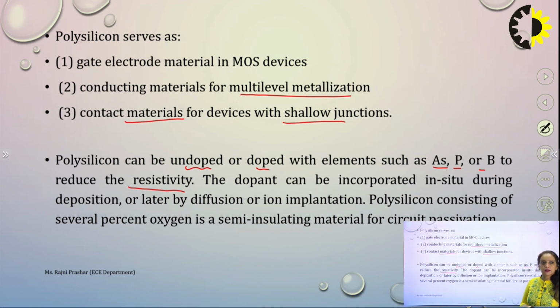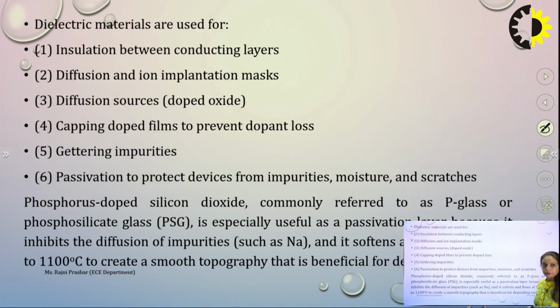This polysilicon consists of several percent of oxygen in the semi-insulating material, which is used for circuit passivation. Next, when it is used as a dielectric material, it behaves as an insulating material between conducting layers.